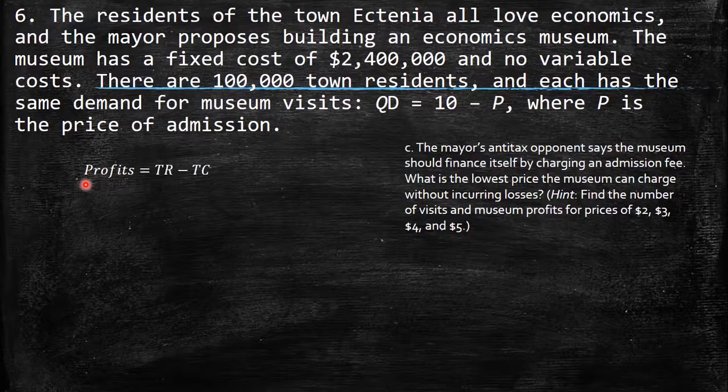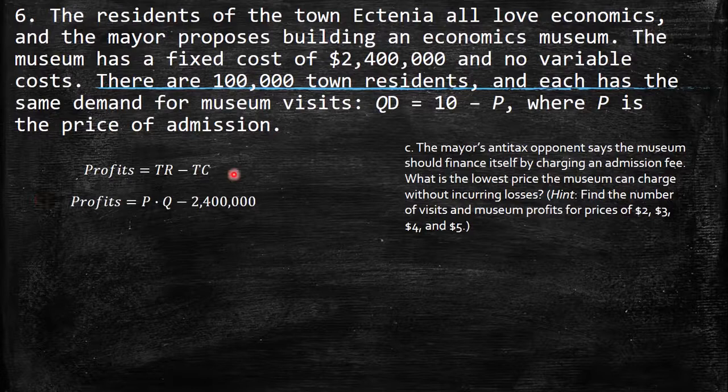So let's go mathematically. You know that profit is total revenue minus total cost. The total revenue is P times Q, and the total cost is a fixed cost, 2,400,000.